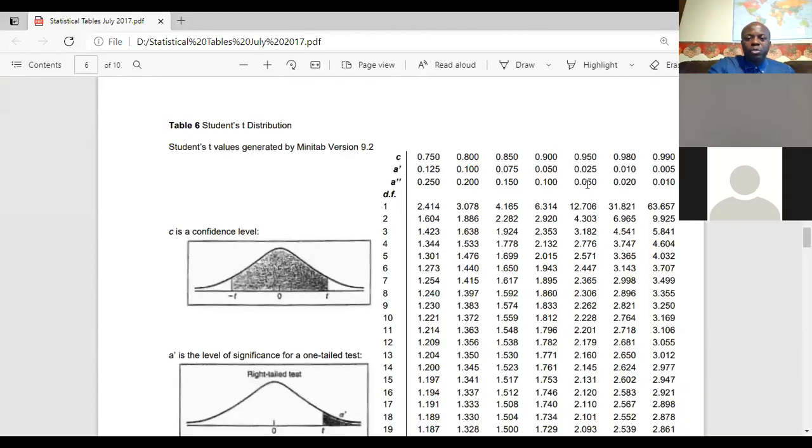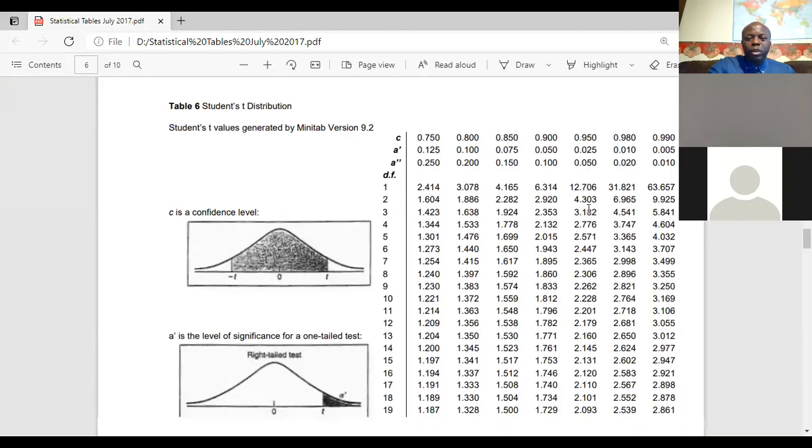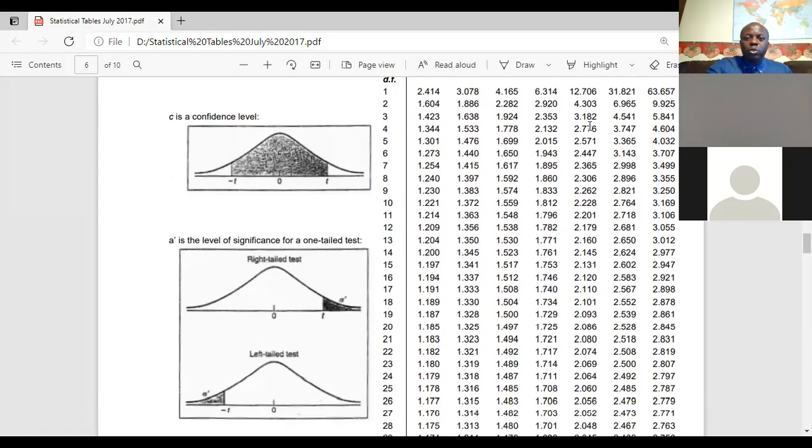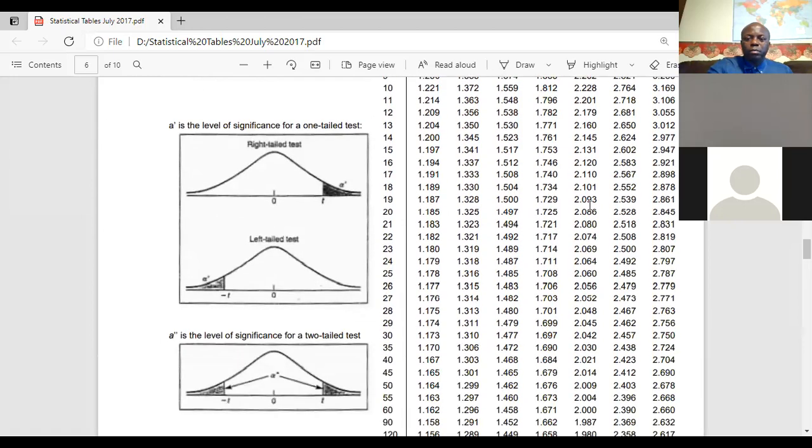Now, alpha 0.05 for 21 degrees of freedom. Remember, use this prime because it shows left and right. Then the alpha 0.05 is right here. Then you go all the way to 21 degrees of freedom, which is right here. You can see it from here.